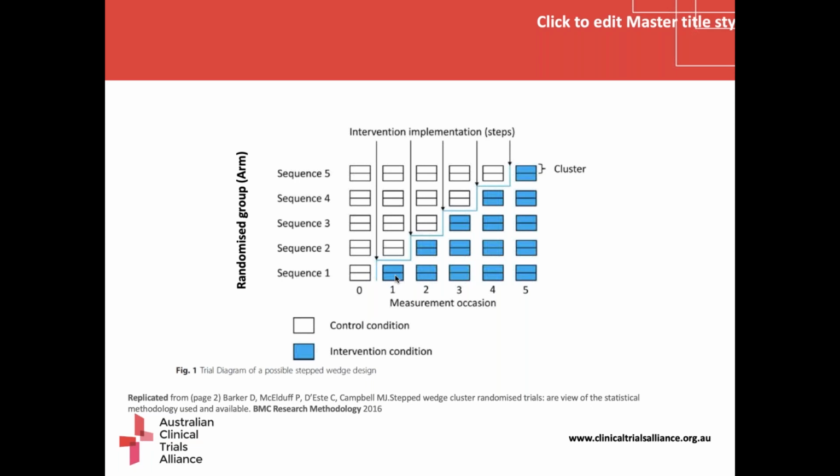The clusters or groups of clusters, so it might be one cluster or several clusters grouped together, are randomly assigned to a time point where they then cross over from the control phase into the intervention phase. Now, all the clusters are also followed longitudinally, and the outcomes at endpoints are usually measured at discrete time points at each period of time.